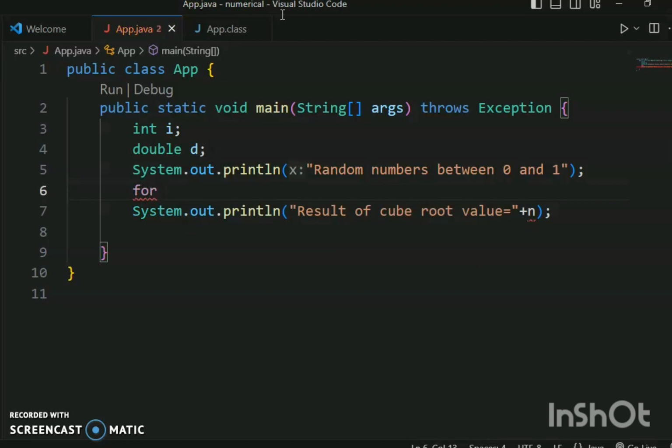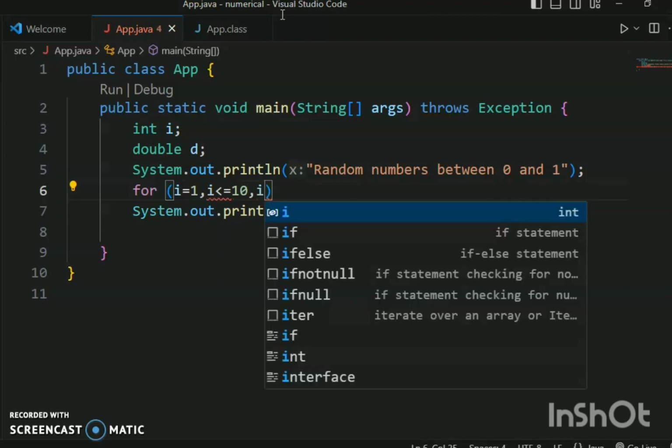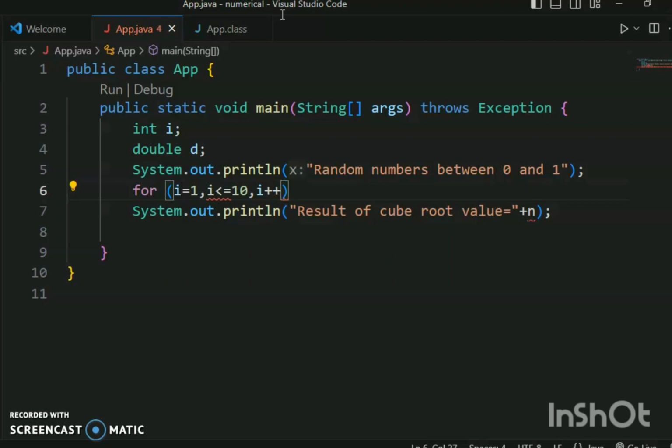So for i equals 1, i less than 10, i plus plus. Okay, so this is the way.